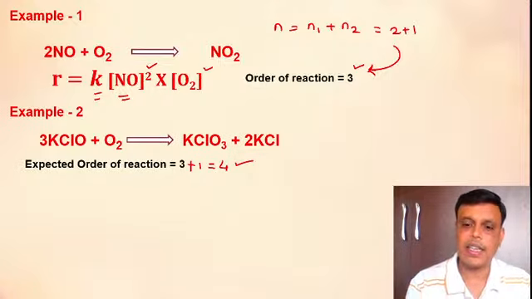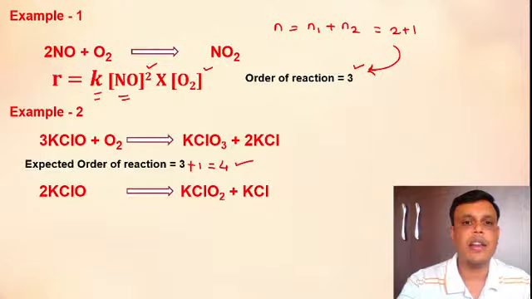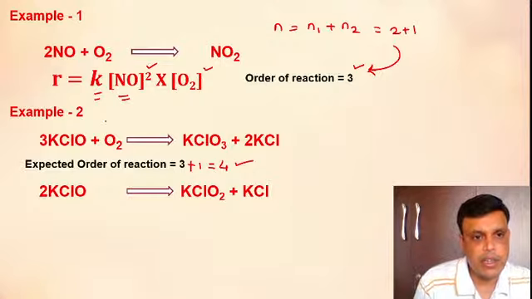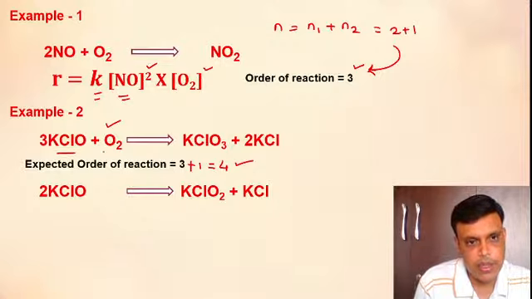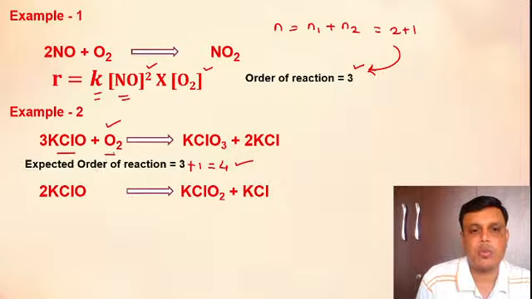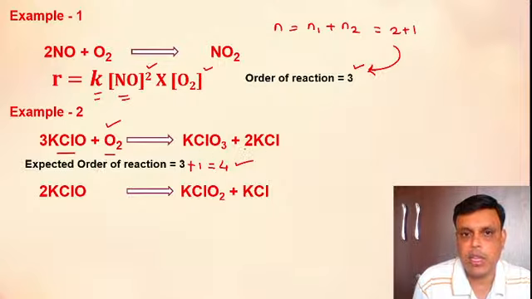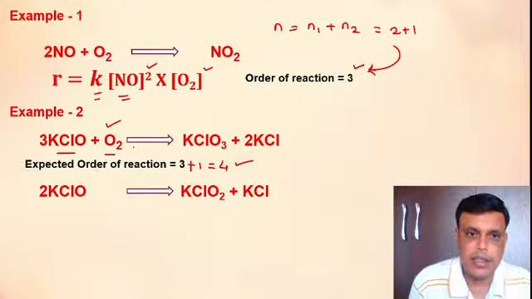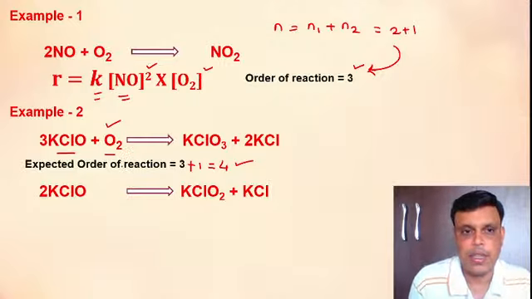How? Kaise nahi hai, that we will see. Here, this is your overall reaction, but actually this reaction does not take place in only one step. ये KClO plus O2 gives you KClO3 plus 2 KCl. This reaction does not take place in one step. There are different steps.